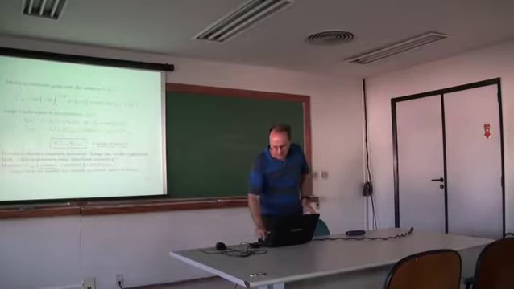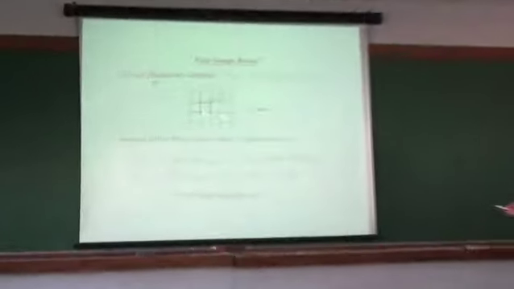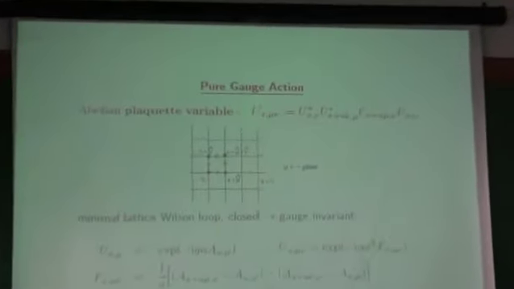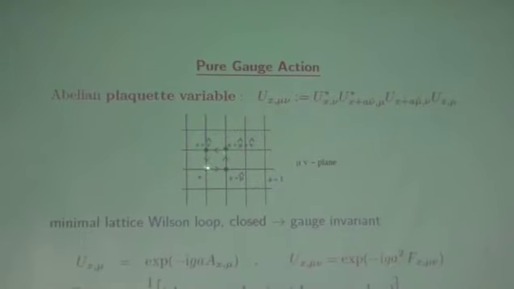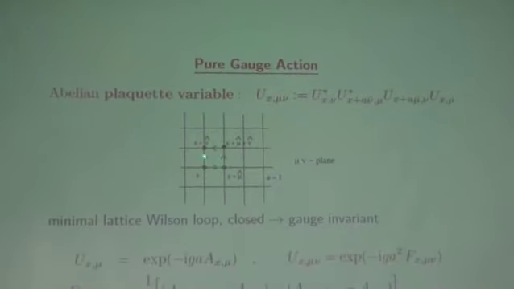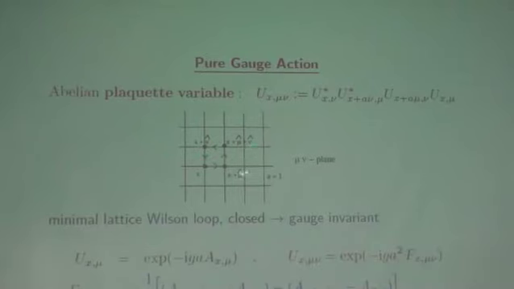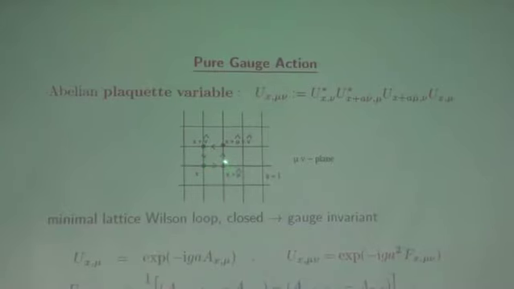Okay, let me now look at the gauge action, the QCD gauge action. What we do is we take a plaquette. A plaquette is simply the minimal square. It can be a plane out of a four-dimensional space, so we take a plane out of it and the minimal square here, and we multiply this times this times this times this, so we follow a closed path here.